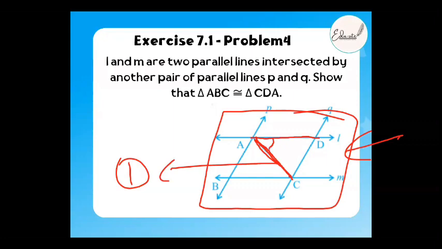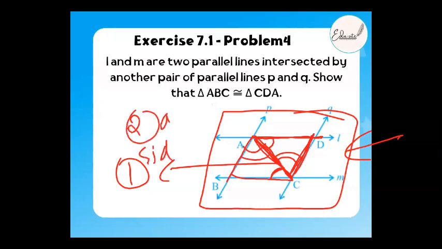AD. Next angle. One angle of the Z we had taken, this angle. Then which angle had we taken? Another angle here, angle C. Excellent. So we had taken one side and two angles, correct? One side and two angles to prove that both triangles are congruent to each other.